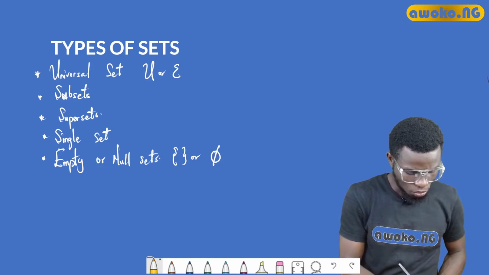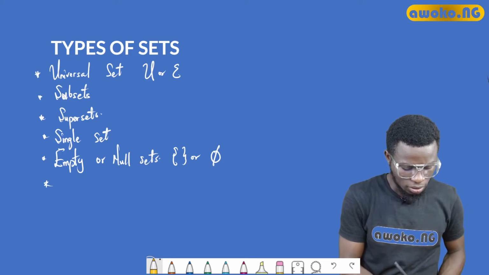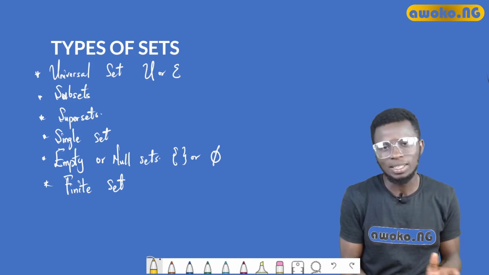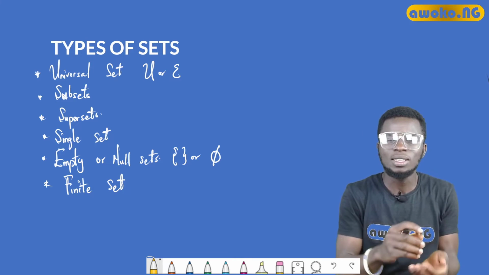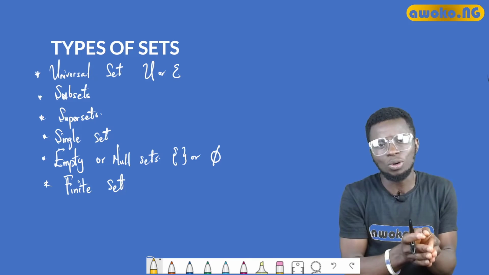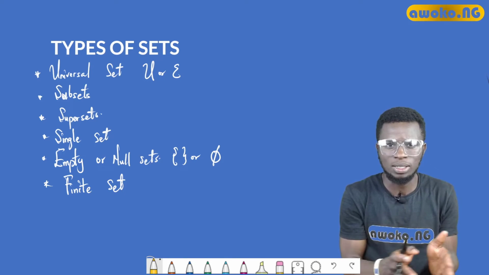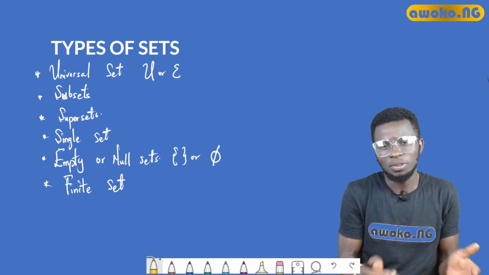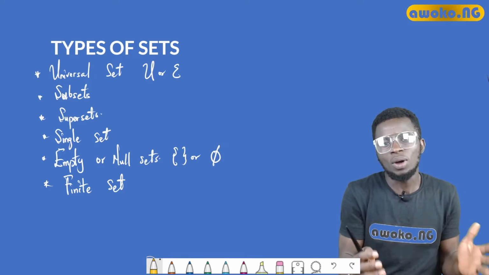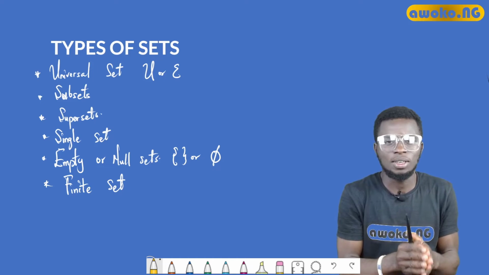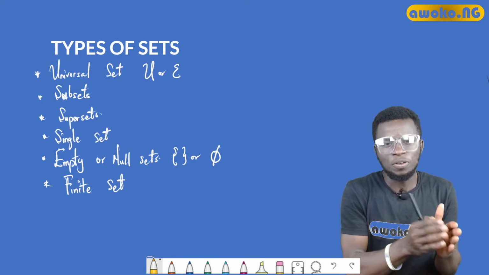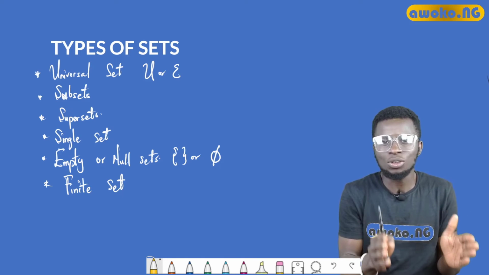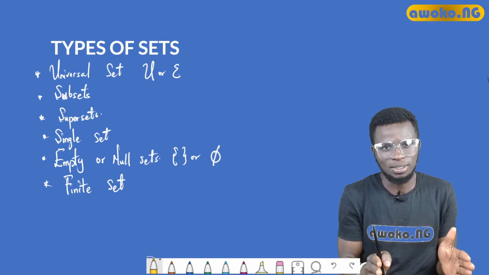Having said that, we have finite sets. Finite sets are sets that contain a definite number of elements or members. That is, the members could be exhausted by counting. For instance, let's say we have 1,000 staff in Awoko. So far we can exhaust the number of staff, then that particular set is called a finite set.